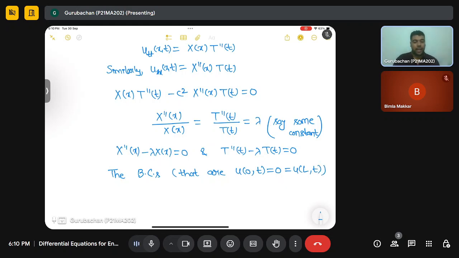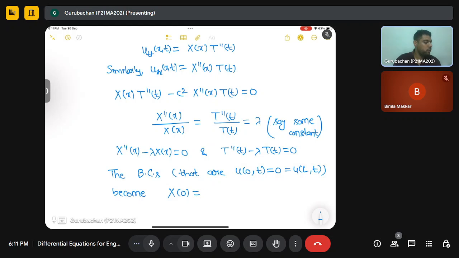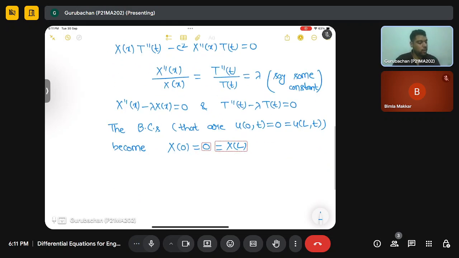So this implies X(0) is 0, which is equal to X(L). Now our system is X''(x) minus lambda X(x) equal to 0, X(0) is 0, X(L) is 0.